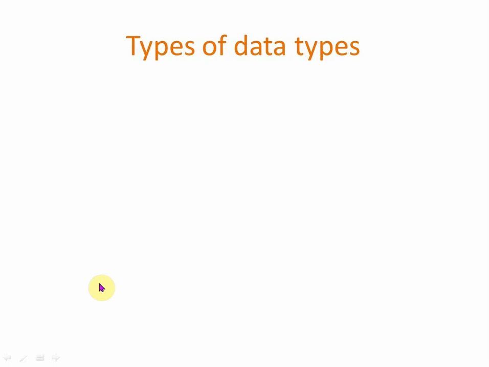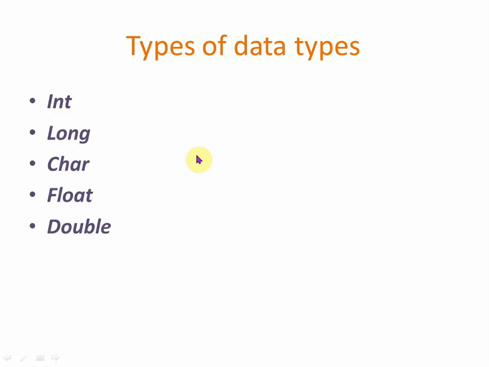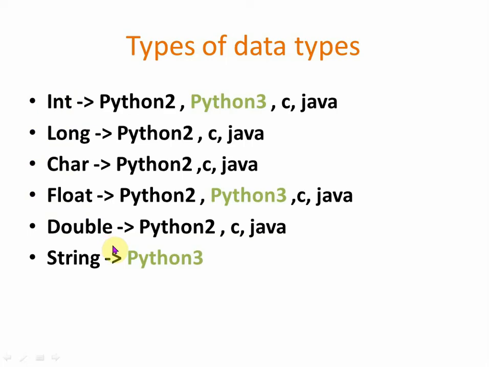So, the types of data types. First is int, second is long, and char, float, double. These are a few data types which we use in Python. Actually, there is a bit of difference between Python 2 and Python 3. In Python 3, basically there are only three data types, and whatever code I explain is in Python 3. So you only have to remember int, float, and string.